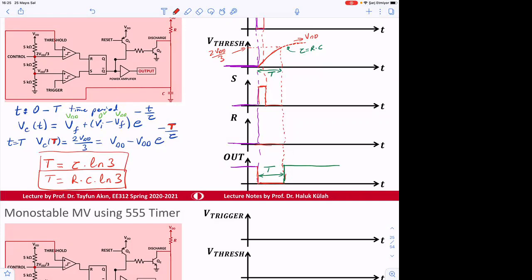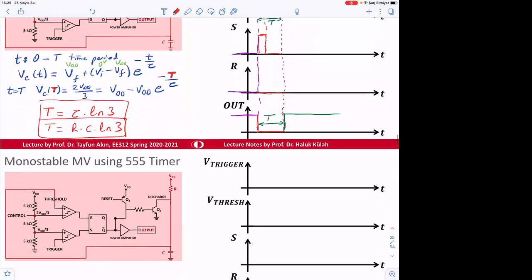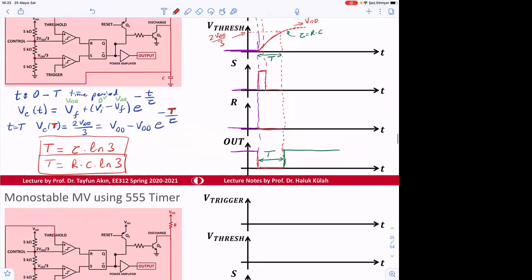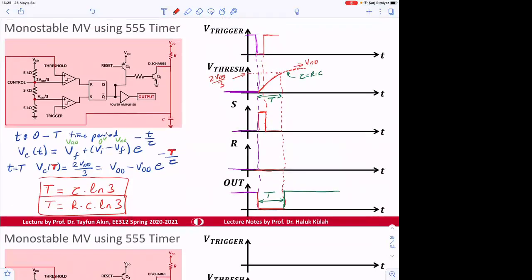So this fixed time is determined by our capacitor and resistor values, and ln 3 is also a fixed number, right? By changing and playing with this R and C, you know how long this trigger is going to be affecting.